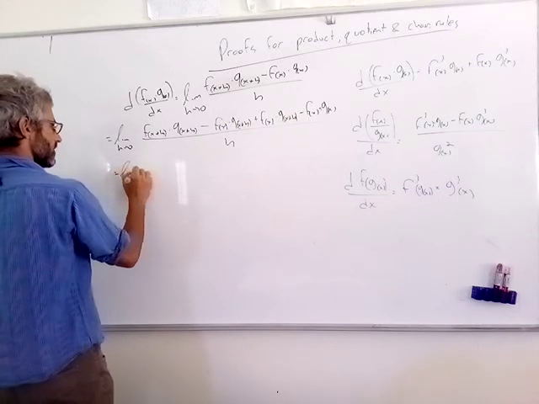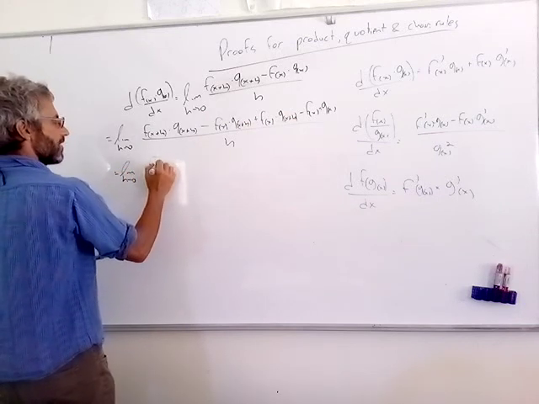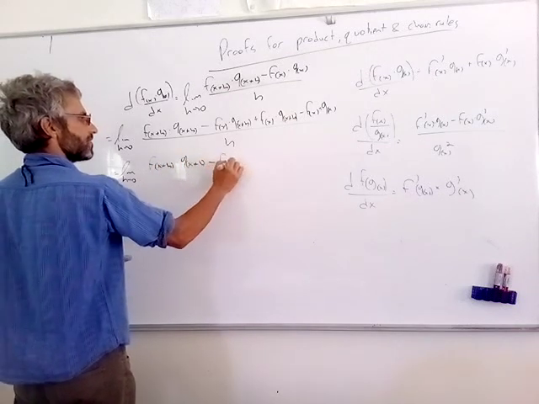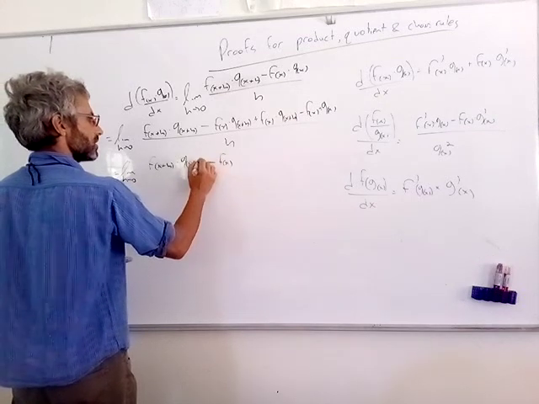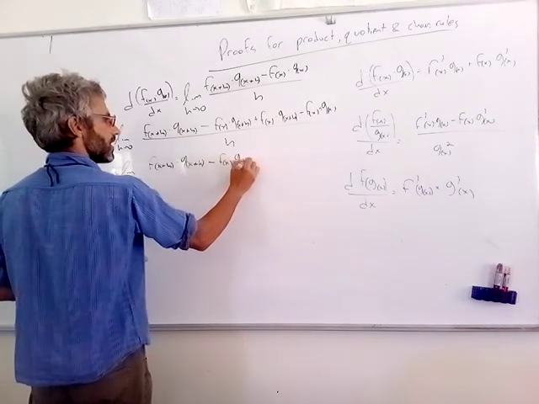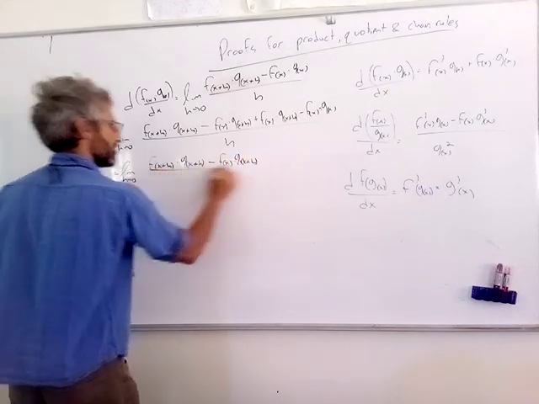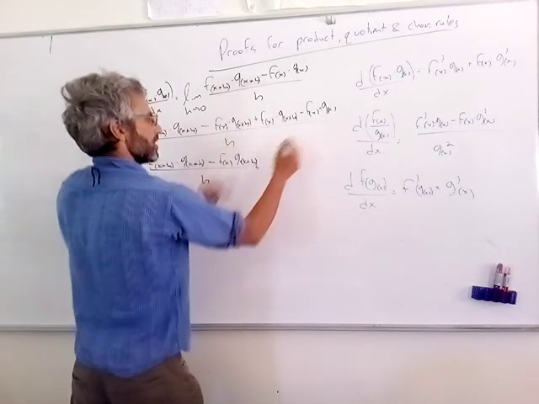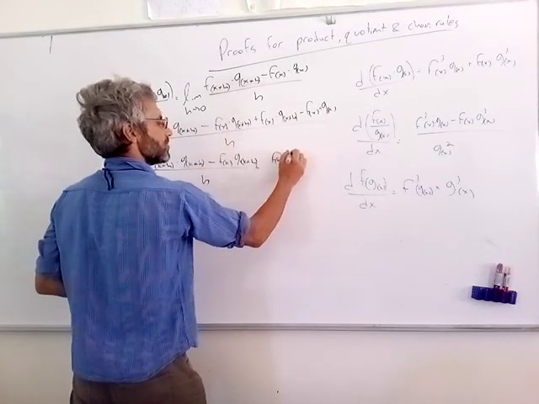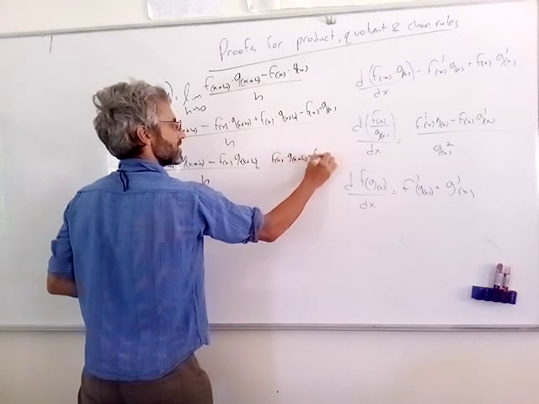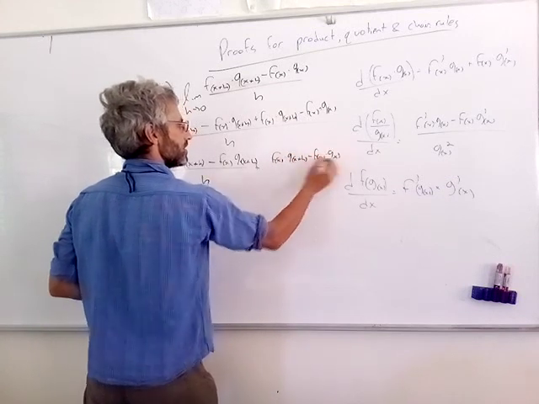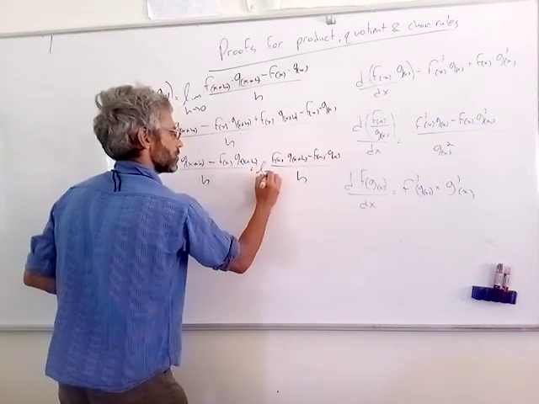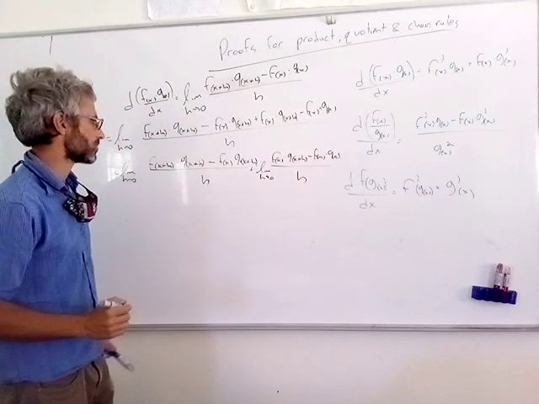So I'm going to write, in the limit h approaches 0, f(x+h) g(x+h) minus f(x) g(x+h), that's going to be one term divided by h, plus, now I'm going to write the next one, f(x) times g(x+h) minus f(x) times g(x), divided by h. And I'm using the same limit, limit h approaches 0. So I split it into two fractions.